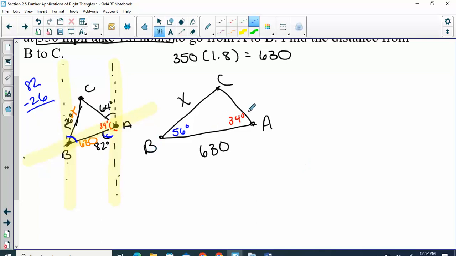All right, if those two add up to 90, then this angle is 90. All right, so that one was pretty challenging for figuring out our angles.